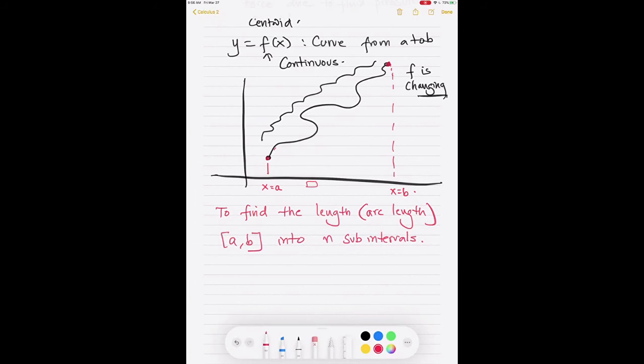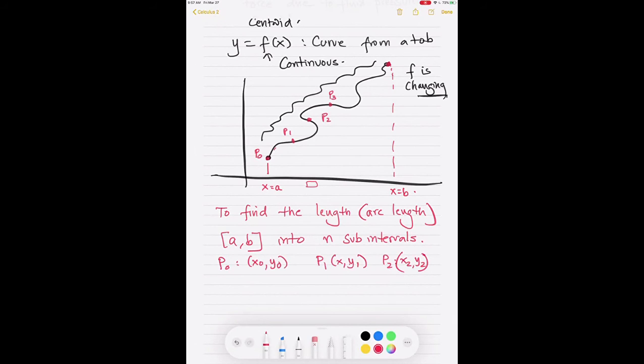So I'm going to say, okay, this is P naught, this is P1, P2, P3, and so on and so forth. P naught is (x naught, y naught), P1 is (x1, y1), P2 is (x2, y2), and so on.